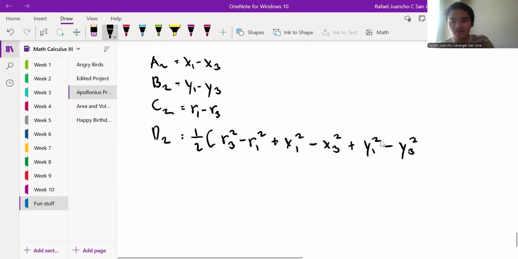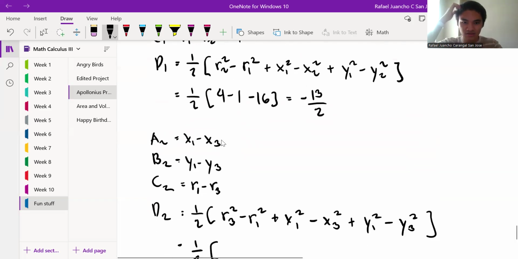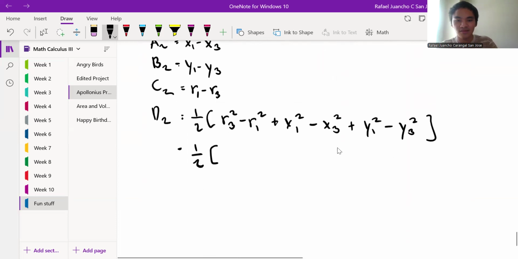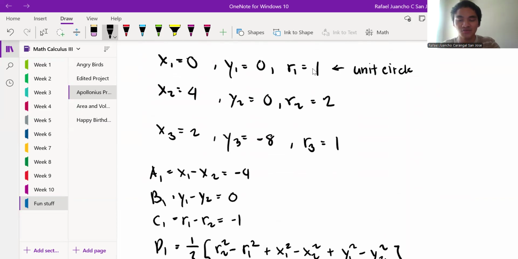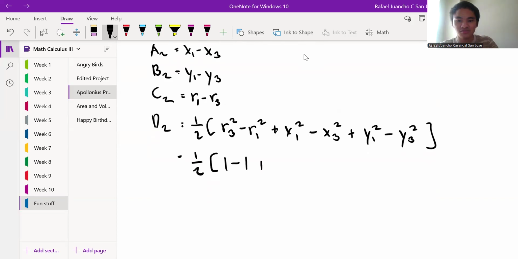Okay, and then from there, let me just plug everything in. My R sub 3 squared is 1. My R sub 1 squared is 1. 1 minus 1, well, that's 0.